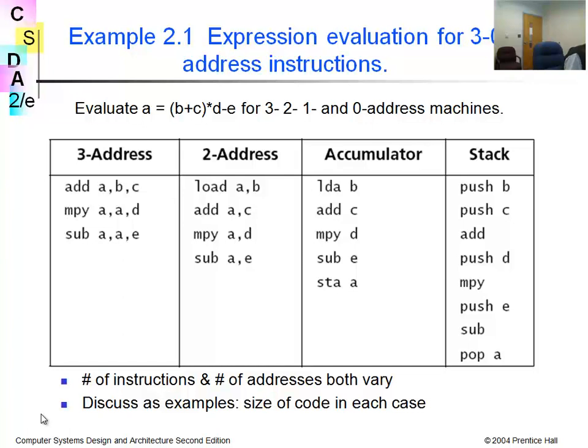That's A is equal to B plus C multiplied by D minus E. All right, so that would be add A, I'm adding C to B, and storing the result to A. Then I need to multiply D to this one.